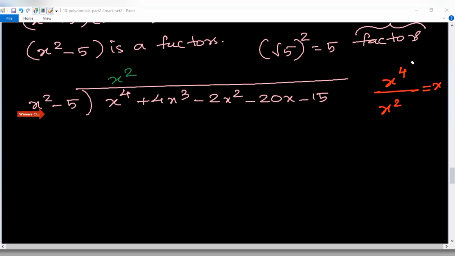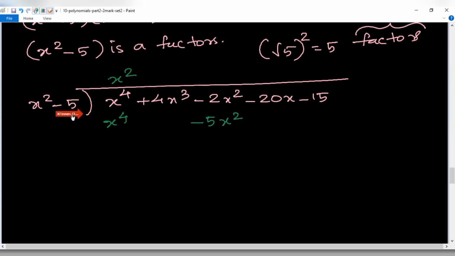Okay. Now, x square into x square, x raised to 4, x square into minus 5, minus 5x square. See why we have written it over here. Here we have x cube, but we are not getting an x cube term when we multiply this quotient part by the divisor. So x square into x square is x raised to 4, and x square into minus 5 is minus 5x square. Okay, like terms together.